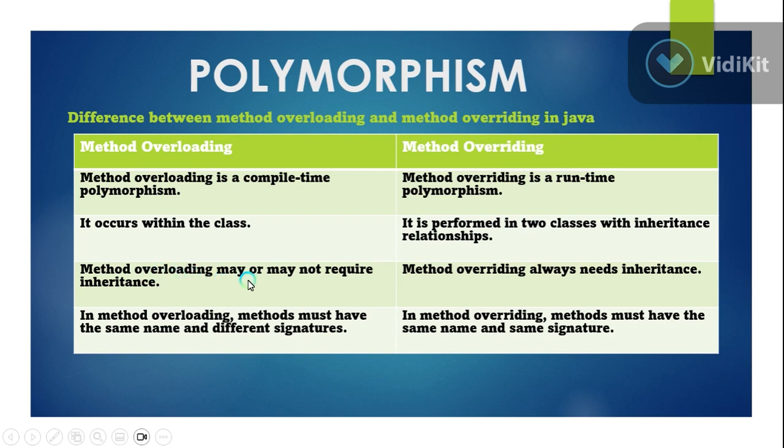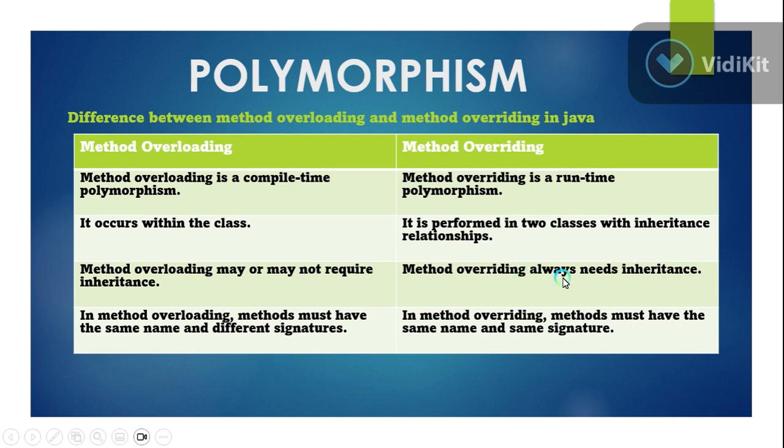Method overloading may or may not require inheritance. Why? Because all the methods are in a single class only. There is no subclass; that is not mandatory. If we need, we can use inheritance. Doesn't matter. Okay. Method overriding always needs inheritance because we have the same method name, but one is in a parent class and the other is in a subclass.